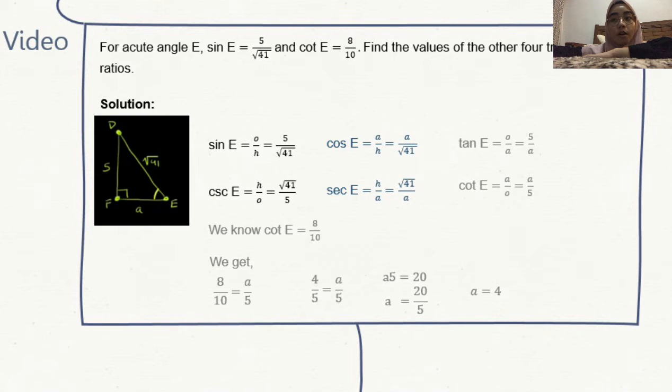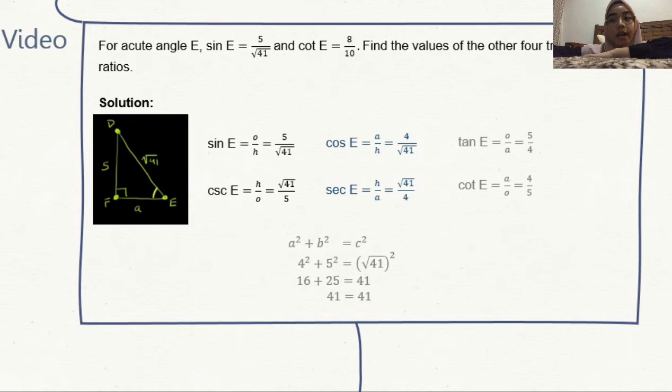Cross multiplying, A times 5 equals 4 times 5, so A times 5 equals 20. So A equals 20 per 5, and A equals 4.